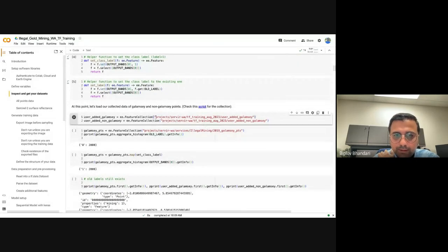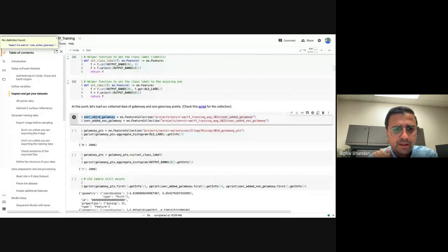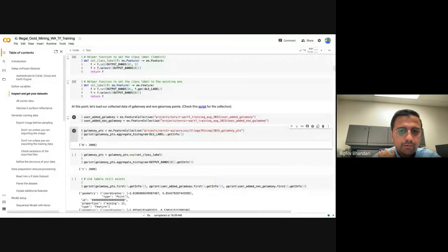So these are the feature collections that we saw yesterday. I exported them as feature collections, and you should be able to import them easily here. So here are some of the Galamsey points that we added and some of the non-Galamsey points. I'm going to go ahead and run it.